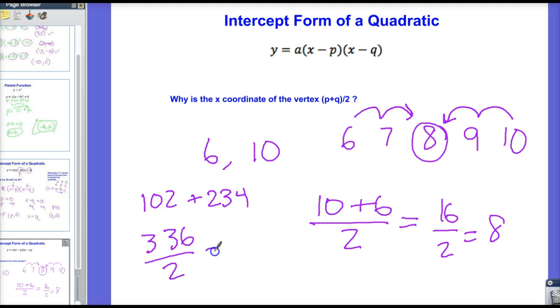That divided by 2 is 168. That's the middle of those 2 numbers, right in the center. I've got 66 to go this direction and 66 to go this direction to get to 234. So right in the middle. That's why we do that.